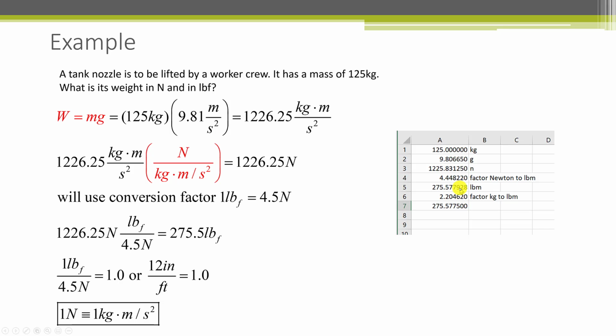It's 4 parts per 10,000 between row 5 and 7. Here you can see that we have 275.5 pounds of force, but that's going to be off a little bit depending on how many digits you use in the conversion factors. If you really need high accuracy, then it takes a lot of specialized effort and research to make sure that you have units of the appropriate digits. In engineering practice, we don't typically need that.